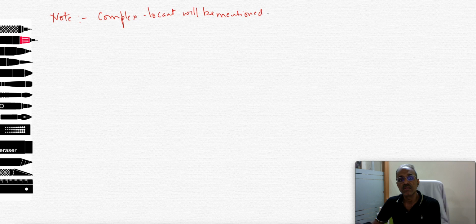Now, make a small note now that the complex locant will always be mentioned in a square bracket.